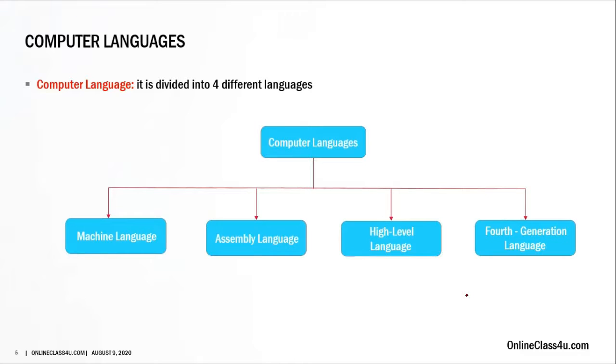For example, if the operation code for add is 0010 in binary language, then that can be directly written as ADD in assembly language, because assembly language uses symbolic codes. Hence, this language is very easy to work with and is easier than the binary language.